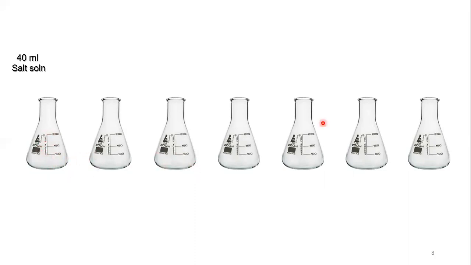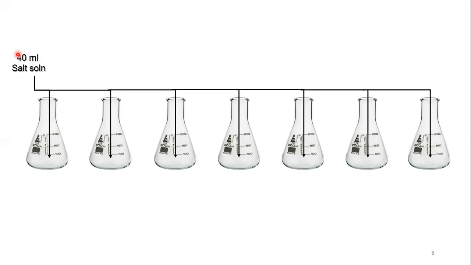Then put 40 ml of your salt solution in each one. There is no difference; don't add 40 ml in one and 30 ml in another. Just add 40 ml of solution in each flask.